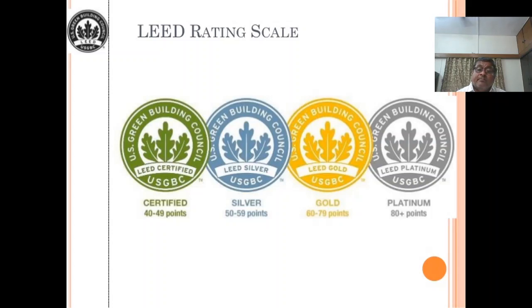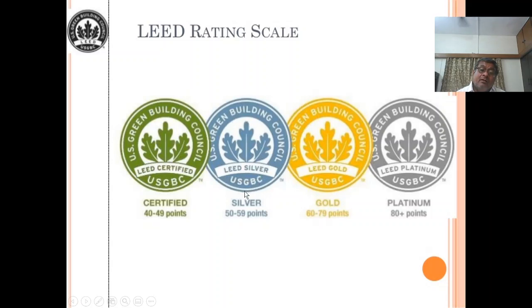LEED rating scale. So these are the rating scales. This is the US Green Building Council, LEED certified, USGBC. This symbol is in green color. They are certified at 40 to 49 points. Then if we get a blue color, that is LEED Silver.